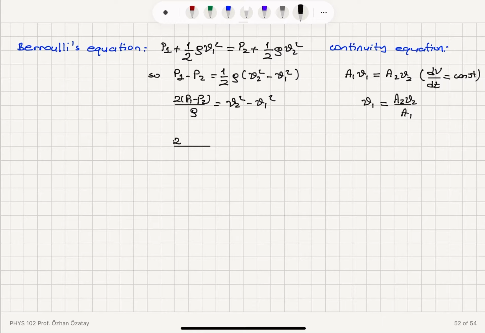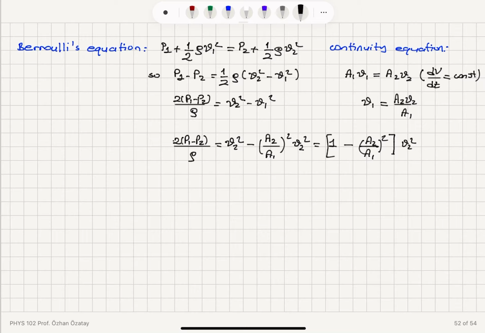So we can substitute this result for V1 into this equation, and we will obtain 2(P1 minus P2) divided by rho is equal to V2 squared minus, for V1 I'm substituting this result, (A2 over A1) squared V2 squared. So this is basically 1 minus (A2 over A1) squared, times V2 squared.